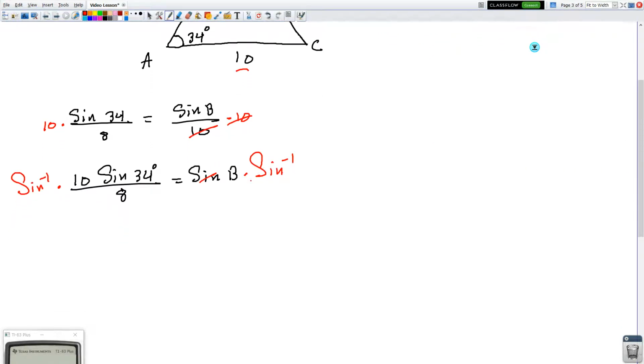That way this cancels out with this. And now we can see that B is going to be equal to the inverse sine of 10 sine of 34 degrees divided by 8.